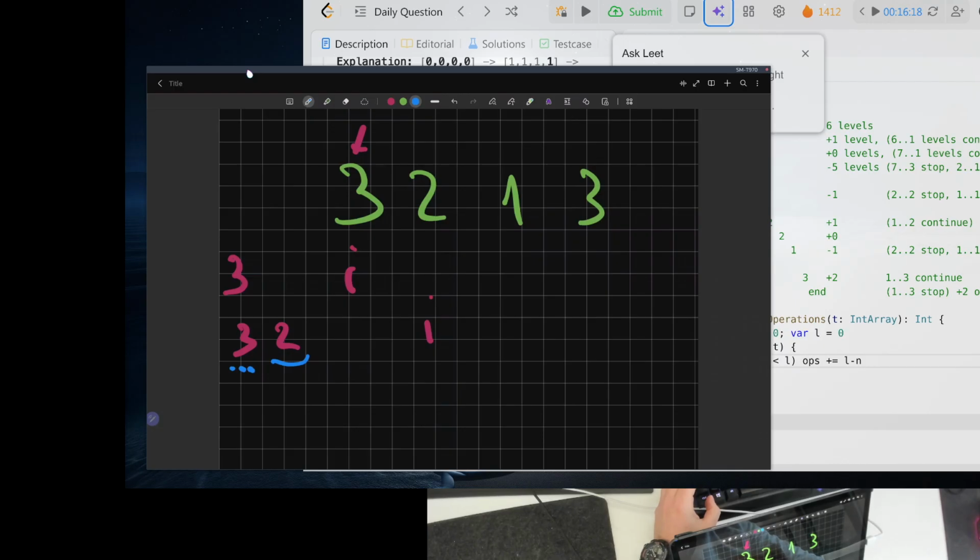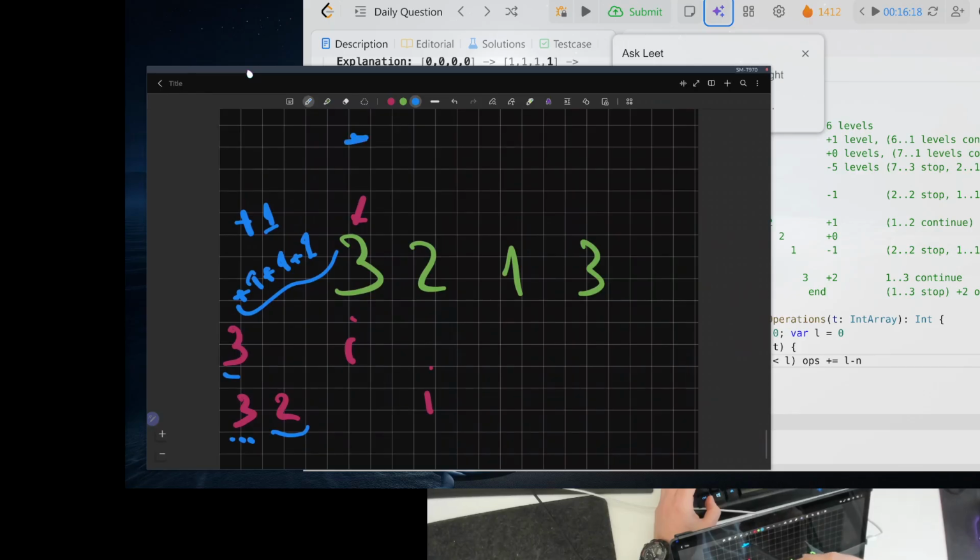We know that to increase the level, we can only increase by +1. So the 3 is at least 3 +1 operations. And when we jump from level 3 to level 2, that means this kind of island of height 3 has ended.